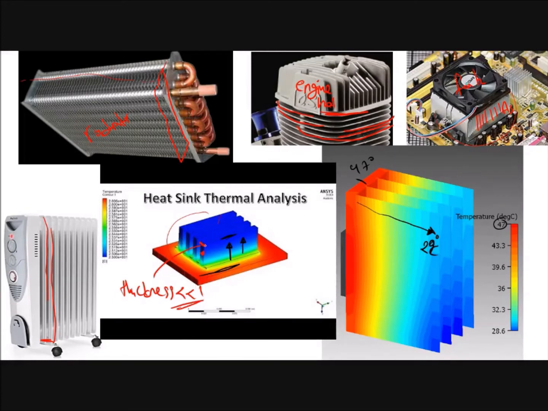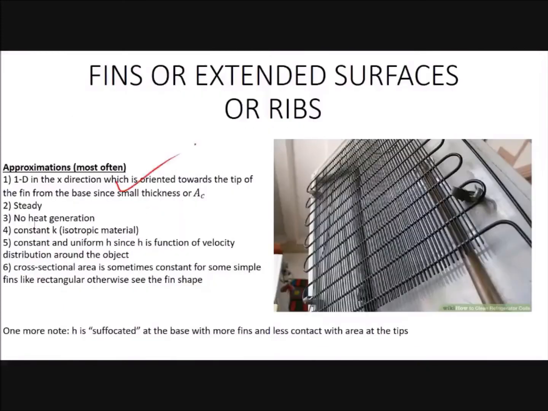If it is the same, there cannot be heat transfer, but the temperature changes along the fin. Therefore, you will have heat transfer from the base to the tip of the fin. You have the hot base, and the heat leaves in one direction only. You don't have heat transfer in the transverse direction because the thickness of the fin is like a paper. It is very small, and therefore you have no heat transfer in other directions. Good.